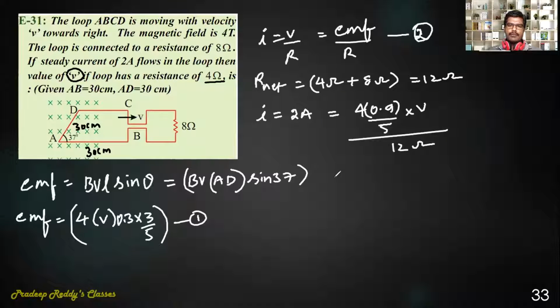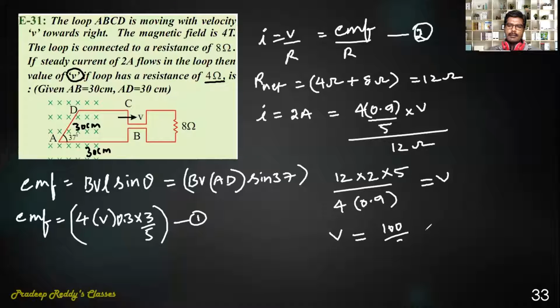So this gives you 12 into 2 divided by 4 into 0.3 into 3 by 5 is equal to V. This gives you the final velocity, it's not terminal velocity. This gives you velocity V, which is nearly equal to 100 divided by 3 meter per second.